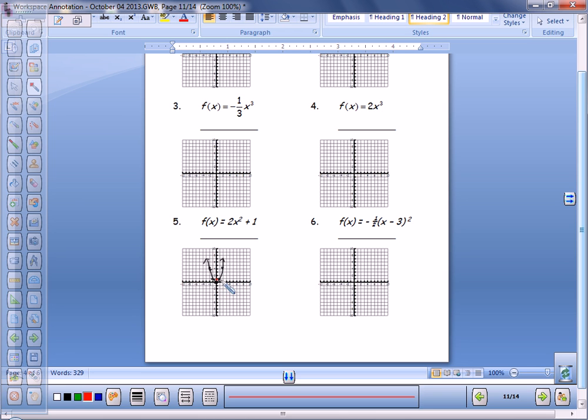Double 1 is 2, shift up 1. Double 4 is 8, shift up 1. And there we go. So this is a vertical stretch by a factor of 2 and a shift up 1.